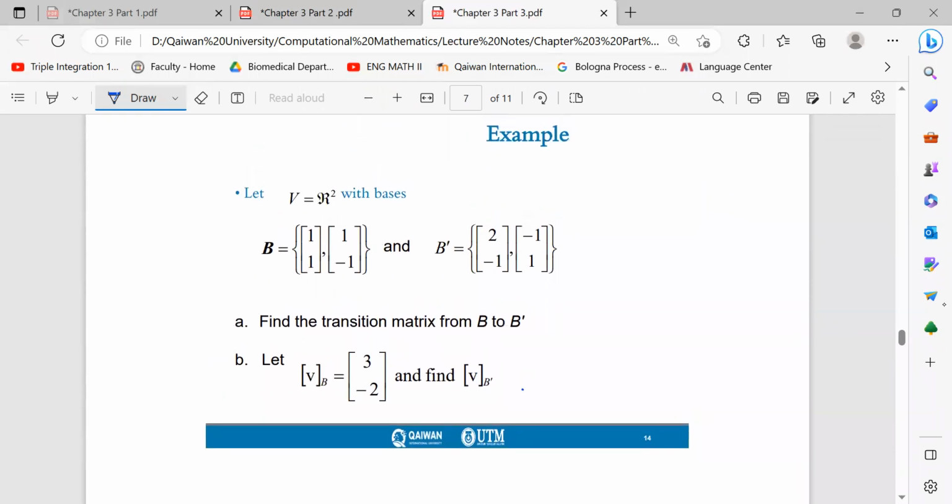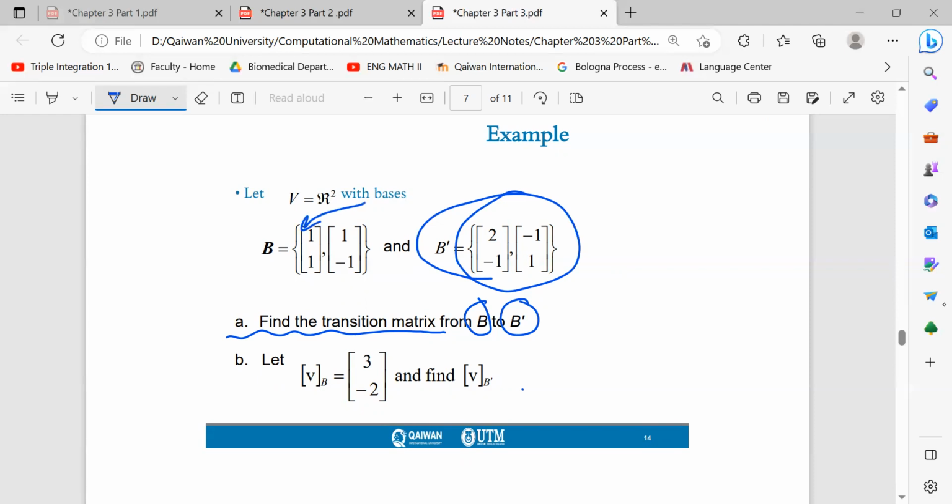Look, it says find the transition matrix from B to B dash. It's different to say from B dash to B. What we do is write down each vector in B as a linear combination of the vectors in B dash.